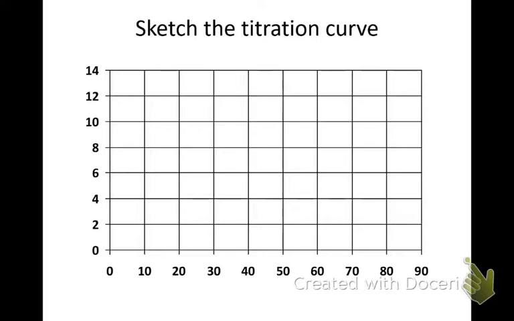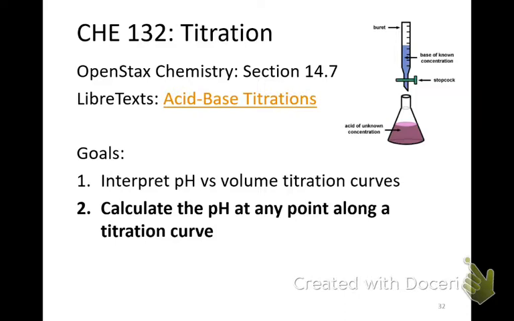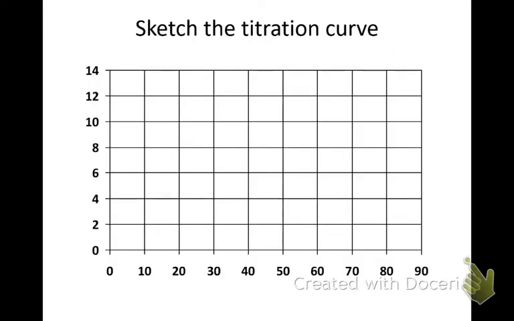Now we can use all of that to sketch the titration curve. If we remember back, our titration curve is going to be the pH on the y-axis versus the milliliters of added 0.2 molar NaOH.